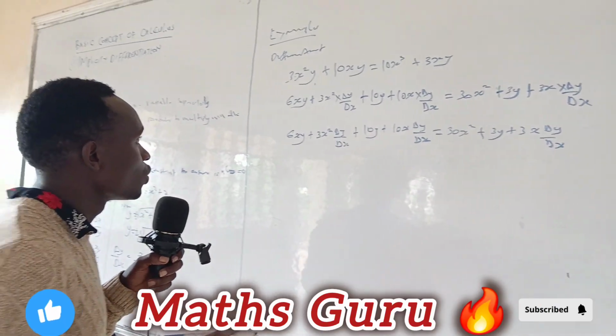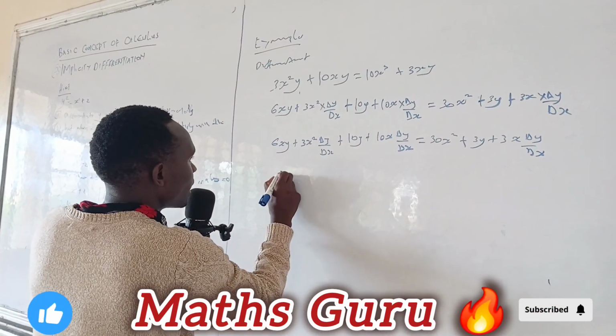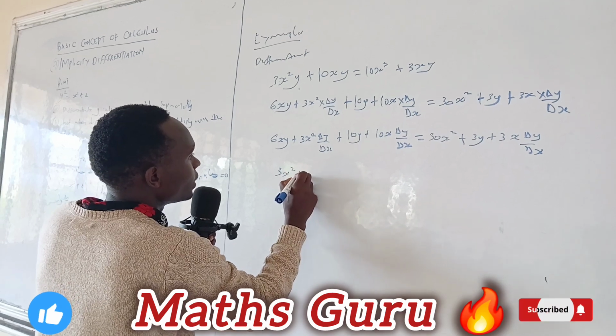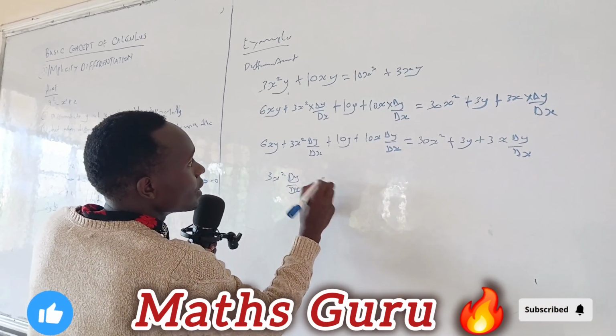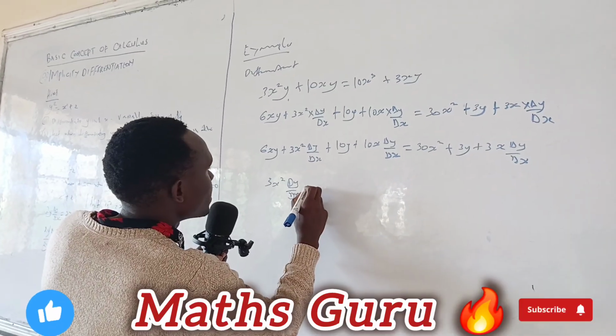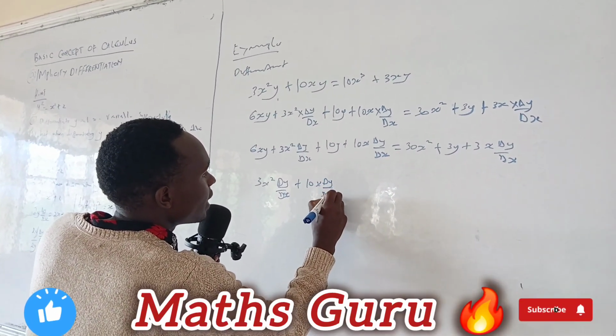Now I'm going to factor out change in y over change in x. So this one is 3x squared change in y over change in x plus 10x change in y over change in x.